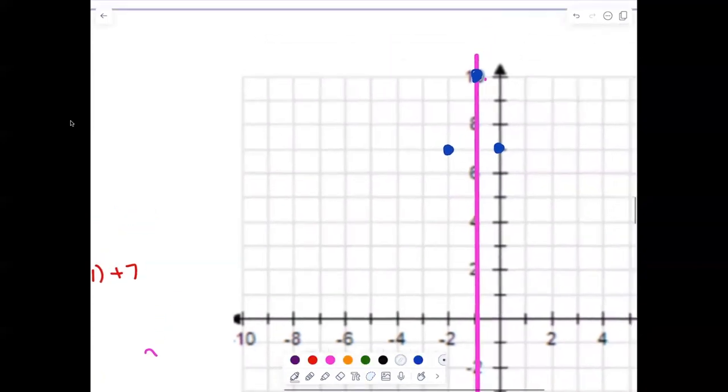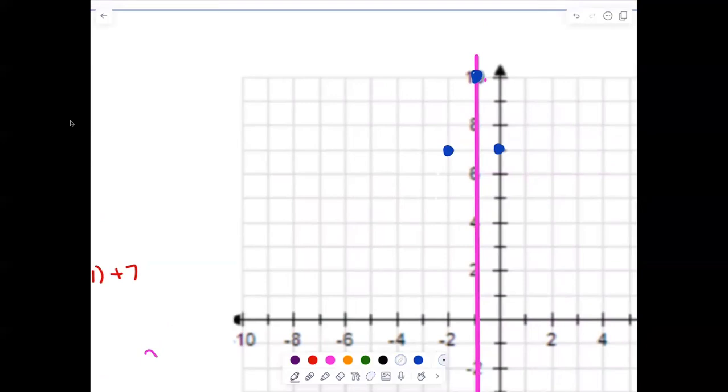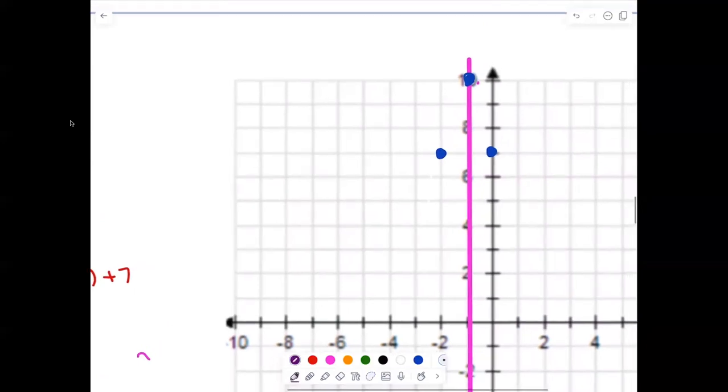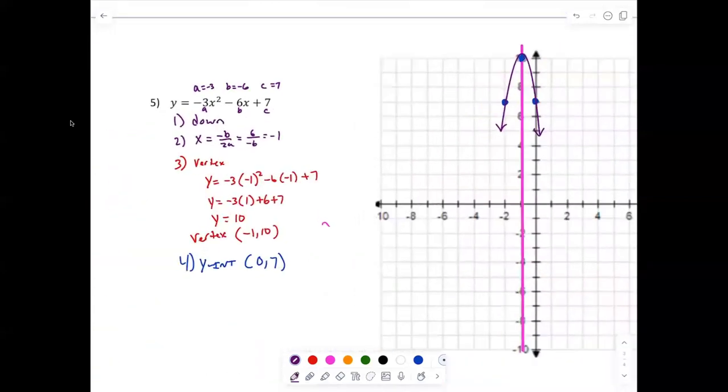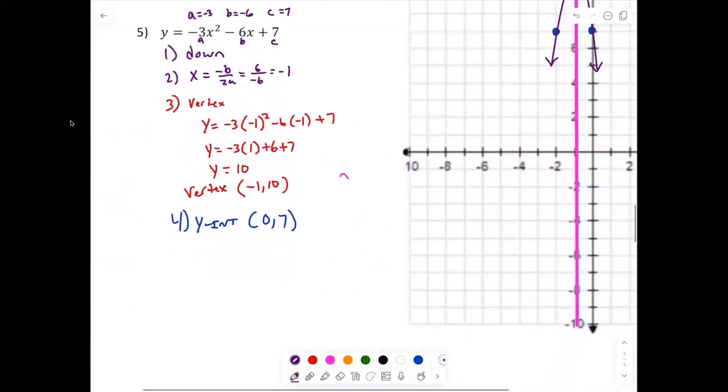And now let's graph. All right, Leah, tell me. Where did I get 7? The y-intercept is always 0, c. Do you hear me? And what's the c value? 7.